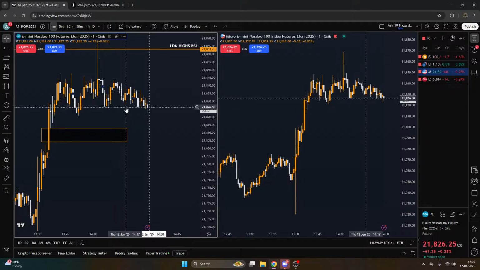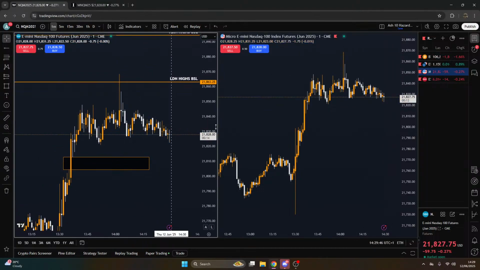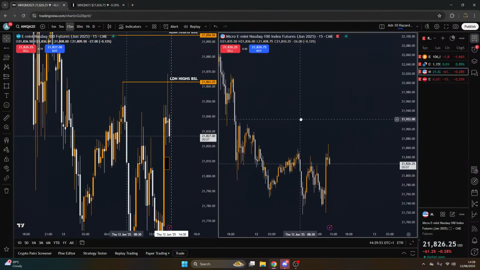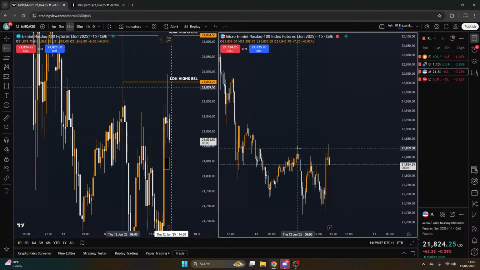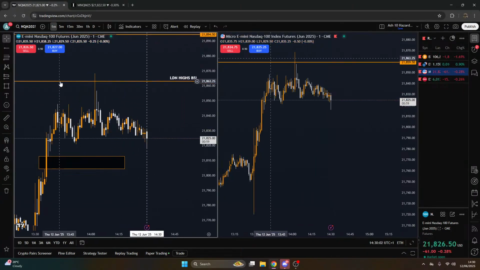So we're making a wild bullish SMT on the 1 minute. I'm actually going to mark this out as London highs.